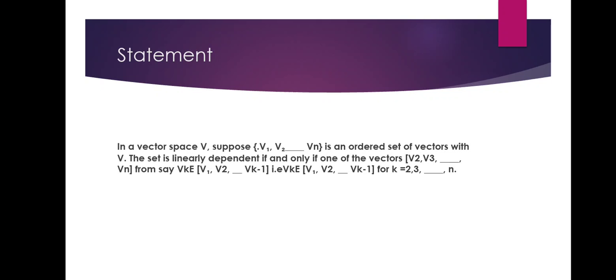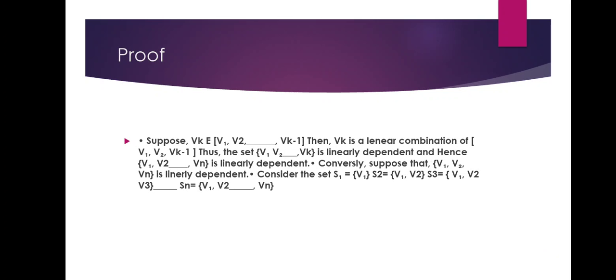Suppose vk belongs to span{v1, v2, ..., vk-1}. Then vk is a linear combination of v1, v2, ..., vk-1. Thus, the set v1, v2, ..., vk is linearly dependent, and hence v1, v2, ..., vn is linearly dependent.